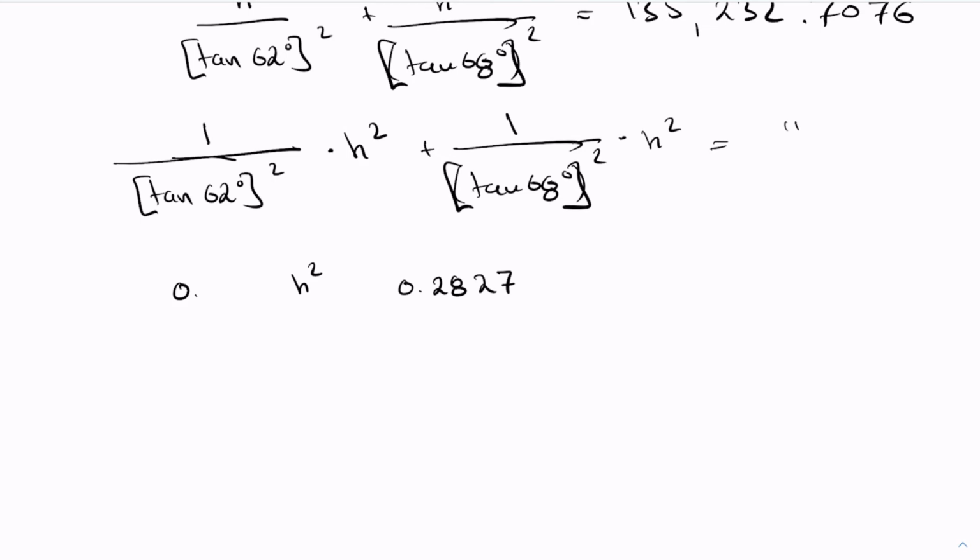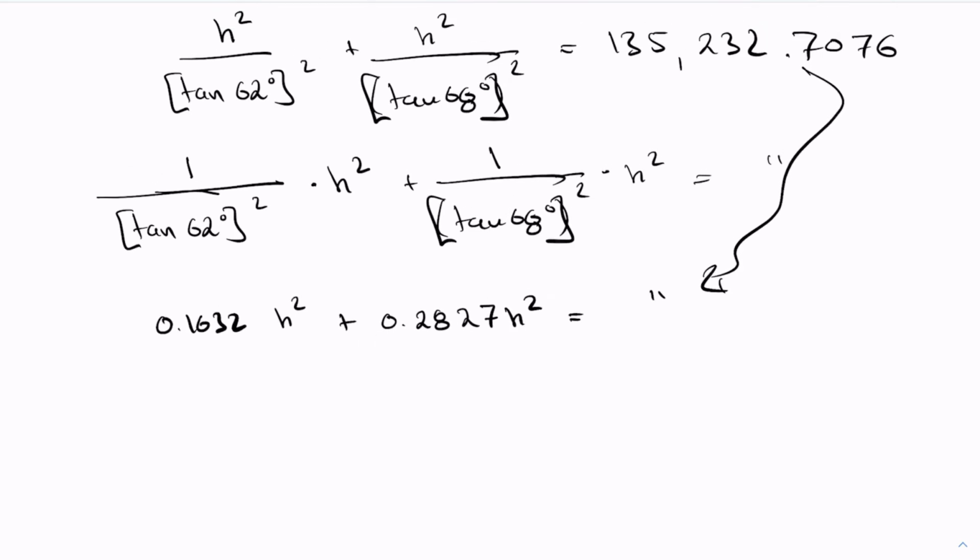So that's 0.1632 plus, and that's h squared, equals whatever that number is, again, I don't want to copy it. Then I'm going to add these together, and that gives me 0.4459 h squared equals, again, that big fancy number.